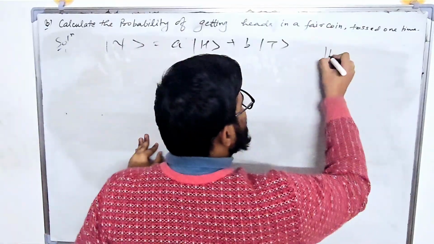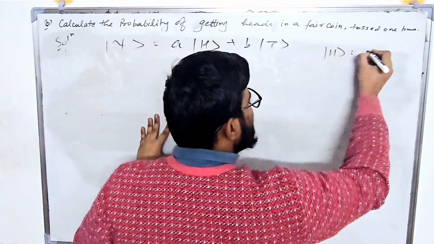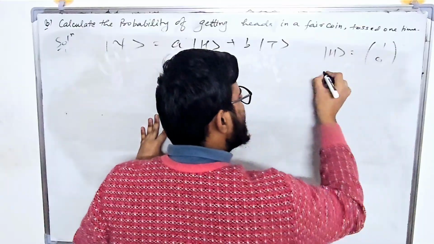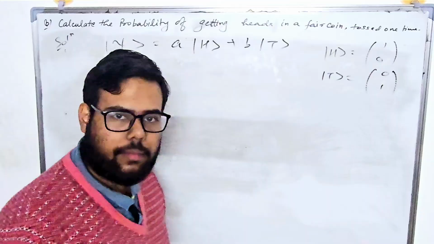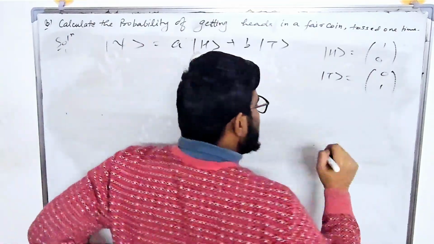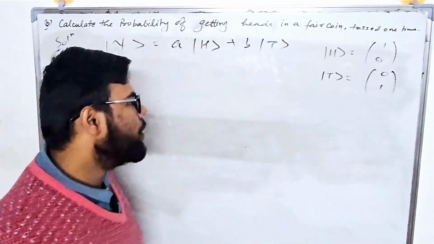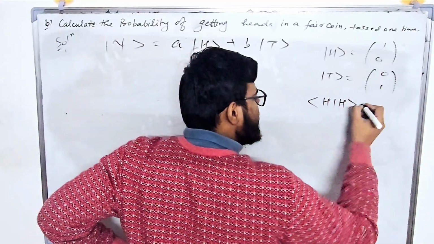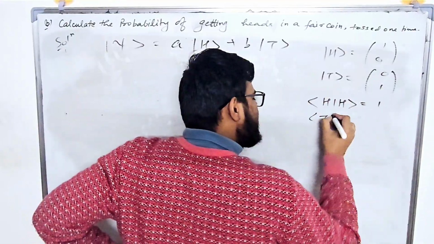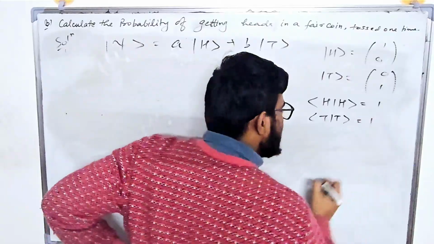So you can define it like this also, that the basis vector is equal to this, and this vector you can represent it like this. Now one more thing I need to tell you over here, that when you take their inner product, heads with heads, you will get 1, and when you take the inner product tails with tails, you will get 1 again.